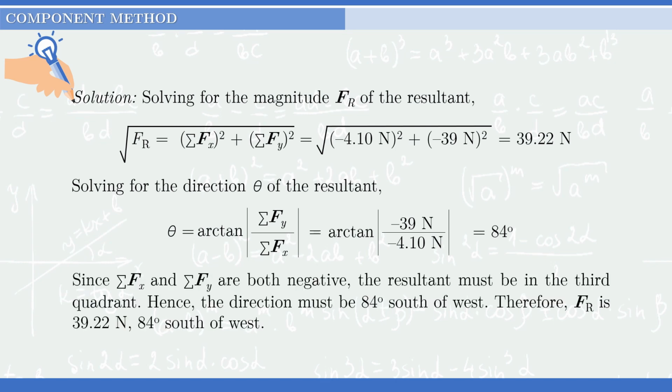Since the summation of F sub x and the summation of F sub y are both negative, the resultant must be in the third quadrant. Hence, the direction must be 84 degrees south of west. Therefore, F sub r is 39.2200 Newton, 84 degrees south of west.